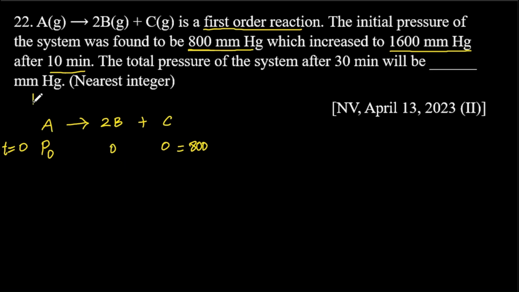So we can conclude that the initial pressure of A, P0, is equal to 800 mm of Hg. Then what is given? It increased to 1600 mm of Hg after 10 minutes.